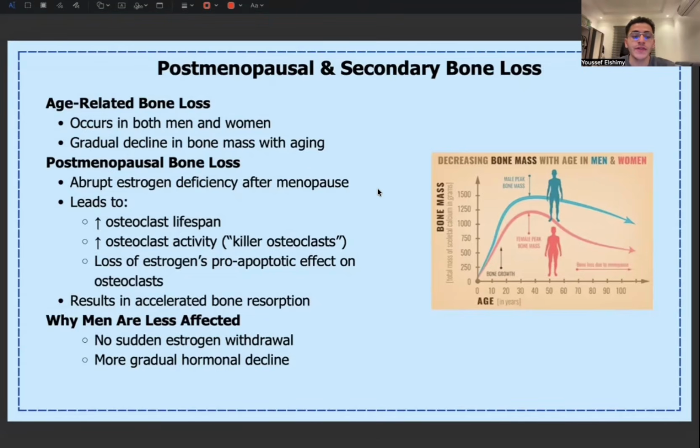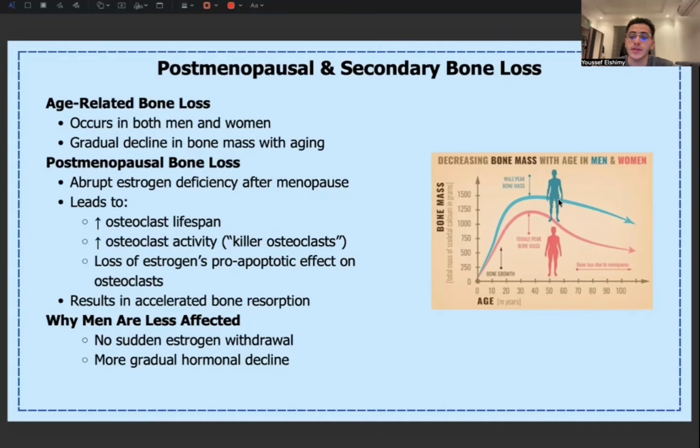So why are men less affected? Because they don't have the sudden estrogen withdrawal like women during menopause, and they have a more gradual hormonal decline. So their androgens are still stable. They decline very, very slowly. And that's why they are less affected. So as you can see from this graph, during menopause there is a sudden decline in bone mass because of the killer osteoclasts and the favoring of bone resorption.